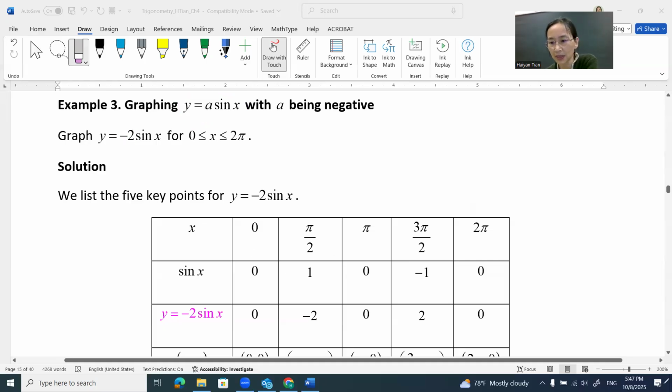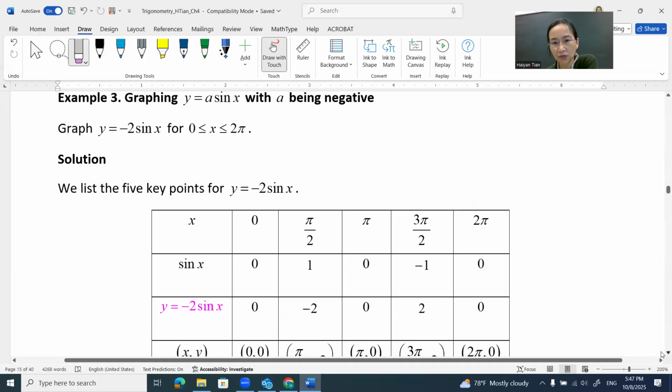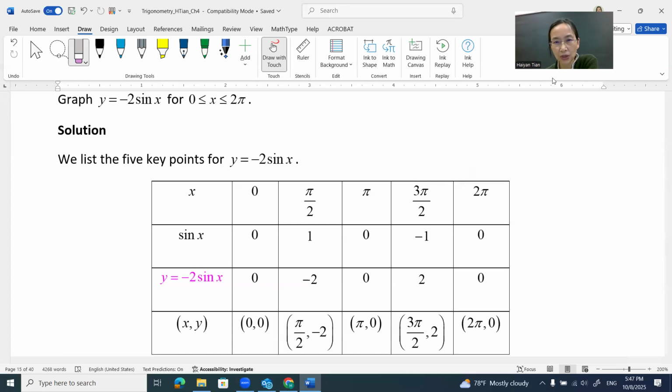Let's give the 5 key points. It's very helpful to look at the basic function. For the basic function, the y will be 0, 1, 0, -1, and 0.